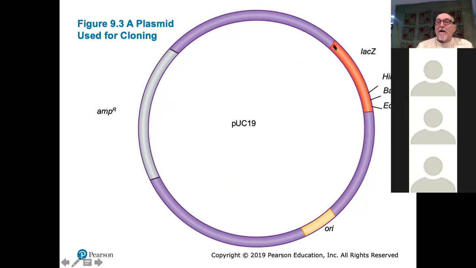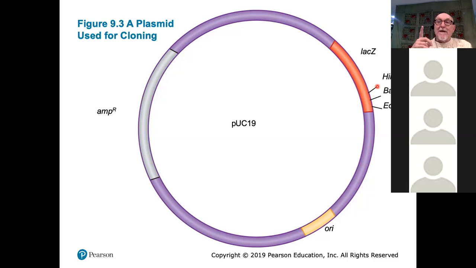It works from one end to the other. It actually is transcribed from one end to the other to produce its messenger RNA and then its product, okay? But if we've successfully inserted our own DNA, we interrupt this gene, and the gene can't be transcribed.